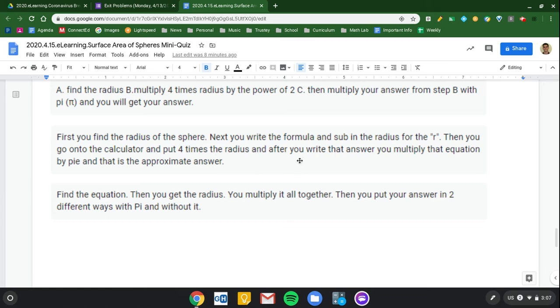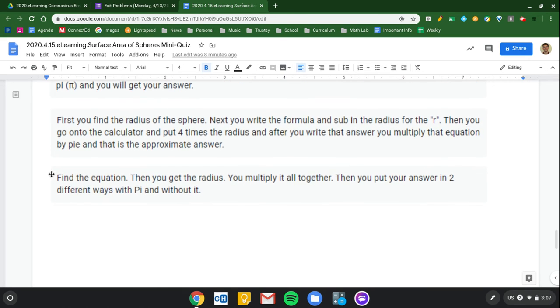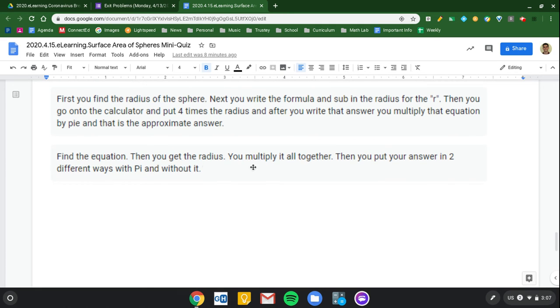First, find the radius. Next, using the formula, substitute. I like that vocab. They shortened it, but they did use substitute. Radius for r, another good vocabulary. And then, again, this person writes approximate answer. Find the equation, get the radius, multiply it all together. Then you put your answer in 2 different ways, one with pi and one without.